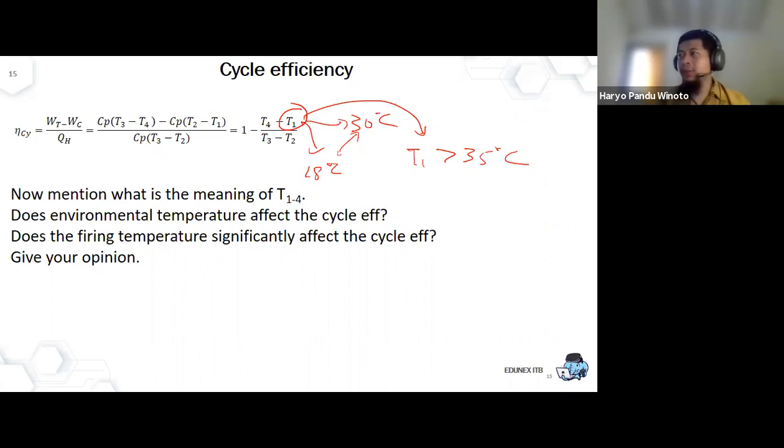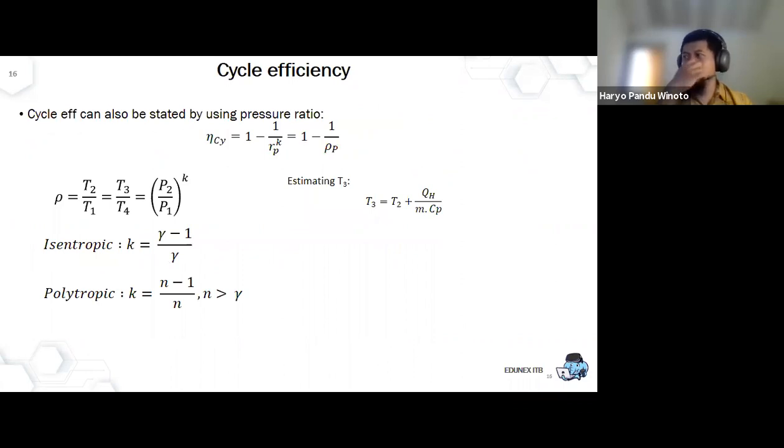Okay, that's what I can share with you. Like I said to you before, when you have isentropic expansion or compression, it is always like this.